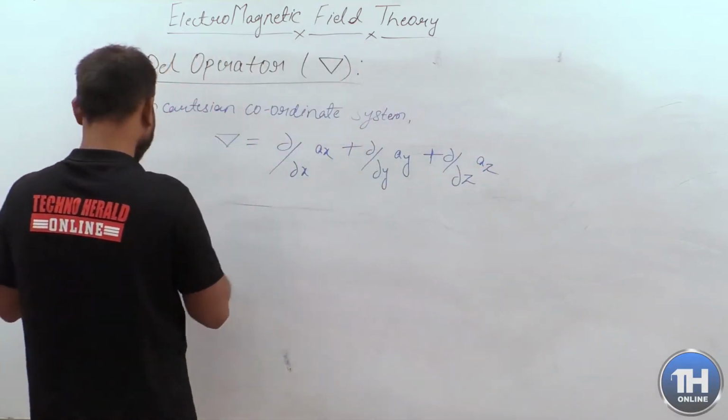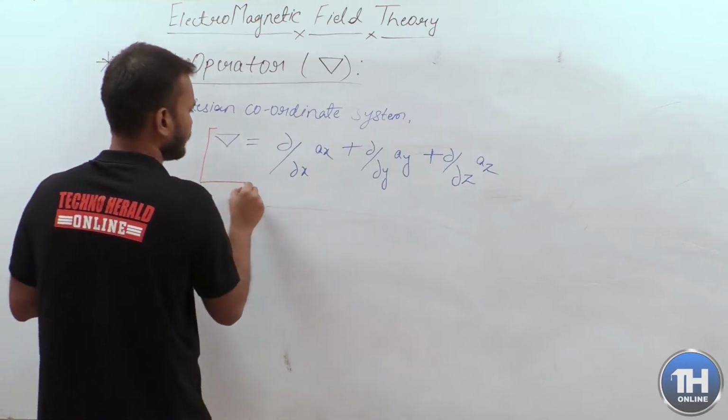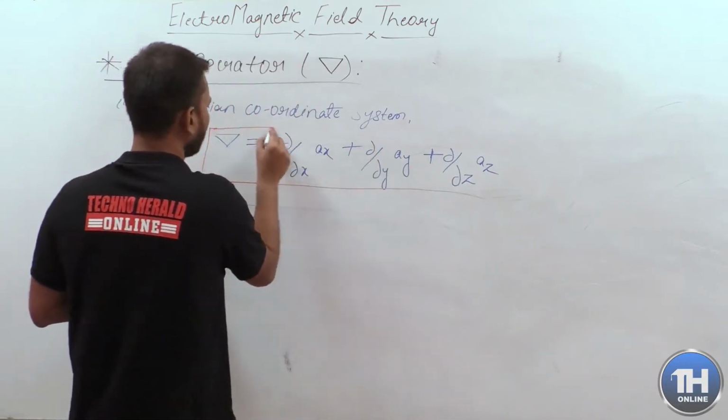So this is the delta in the Cartesian coordinate system.